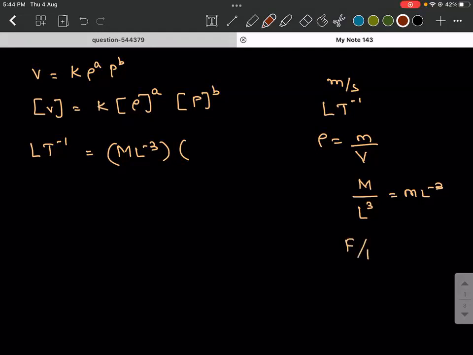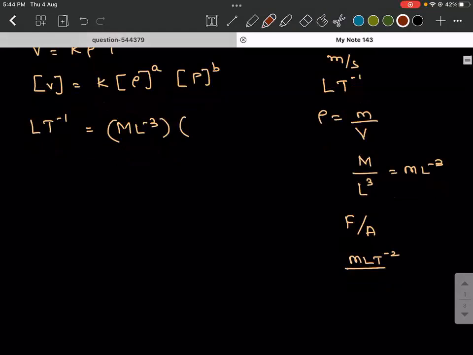Pressure is force per unit area, but what is force? MLT minus 2 divided by L square. So it will be ML minus 1 T minus 2. Okay, this should be raised to the power A, this should be raised to the power B.